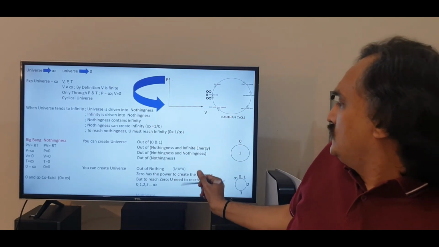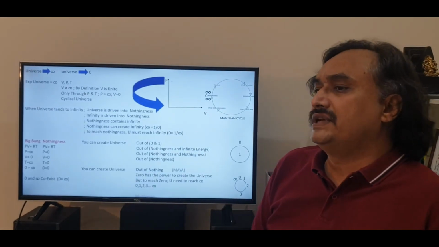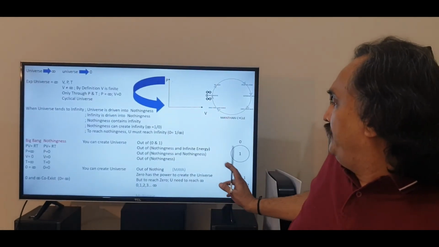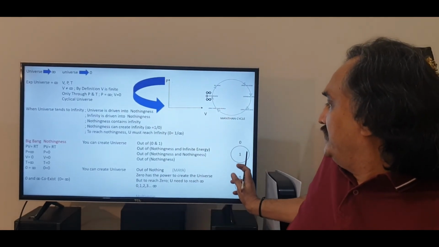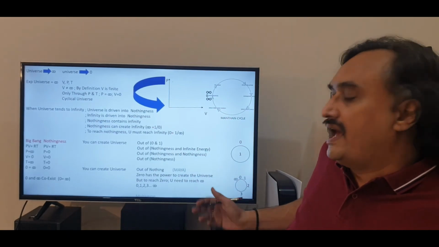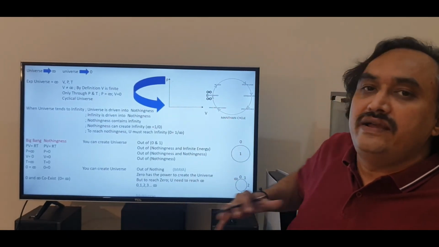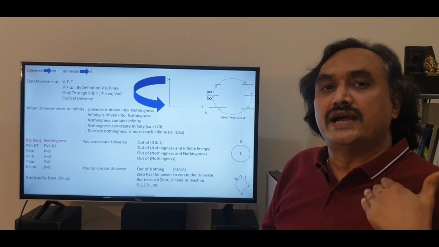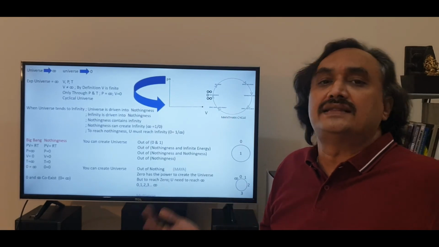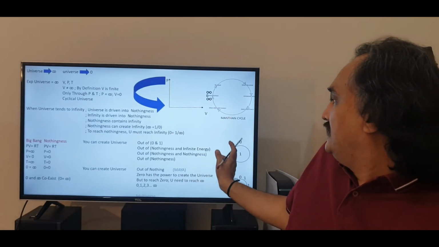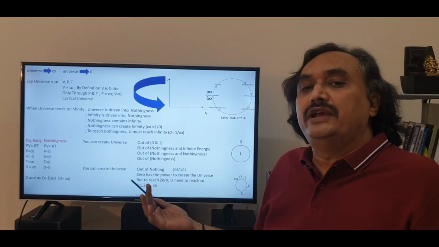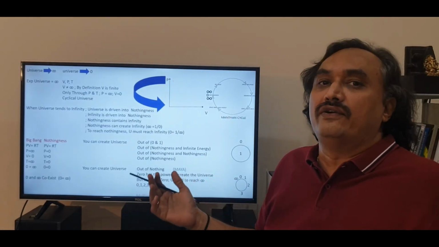Now you can also put it in a more physical form. If we have an outsider observing what is happening here, this something or the universe that we have is shrouded in nothingness. So for an outsider, what he sees is just nothingness. So you have the something inside nothingness, and it is coming into existence and it is going out of existence.